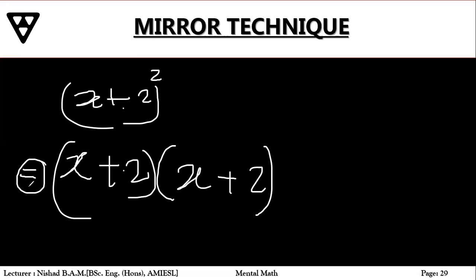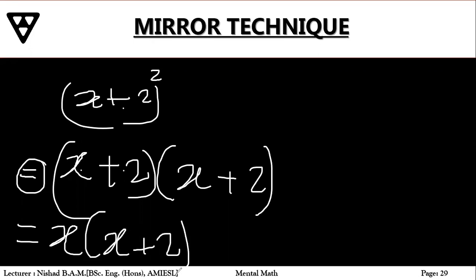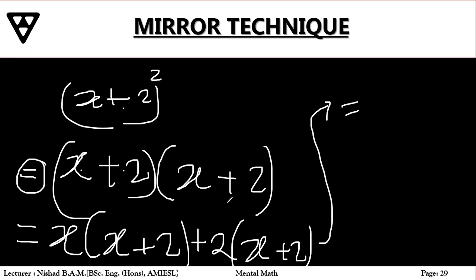So you have to consider this when you are writing. And then it is equal to x times x plus 2, since x should be multiplied by x plus 2, then plus 2 should be multiplied by x plus 2. And after that, it will also be equal to what I'm going to write over here.